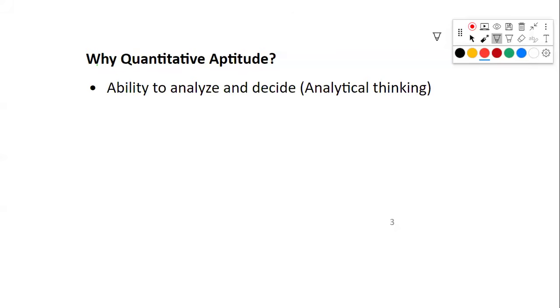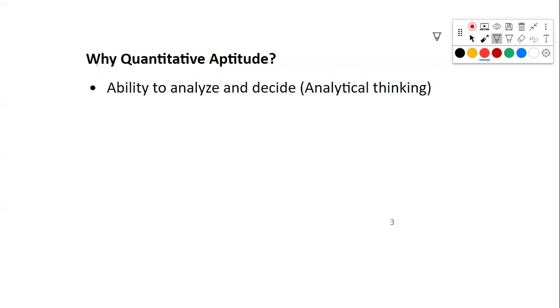So why quantitative aptitude? Ability to analyze and decide. If you have aptitude or quantitative aptitude, you have that analytical thinking. You start thinking based on logic, step by step.